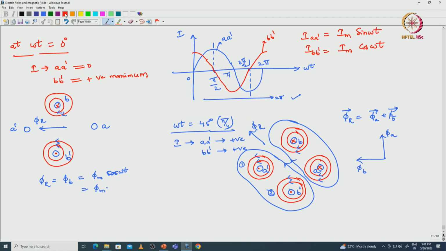The resultant flux vector is in this direction, phi r. So phi r equals the square root of phi a magnitude squared plus phi b magnitude squared. Phi a, with respect to the currents, equals phi m sin omega t, and phi b equals phi m cos omega t.